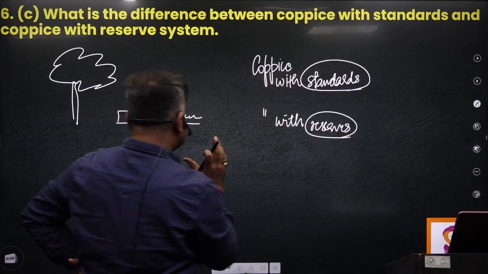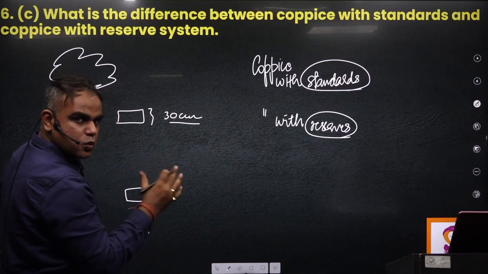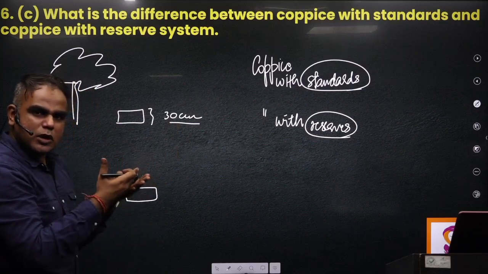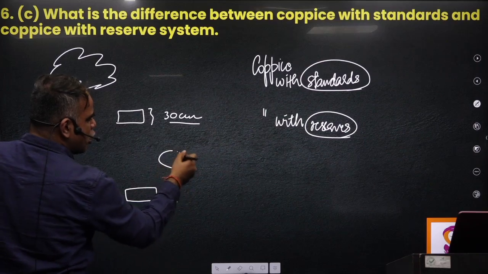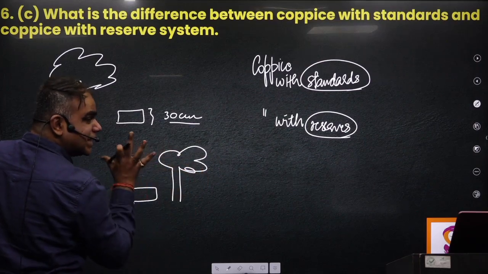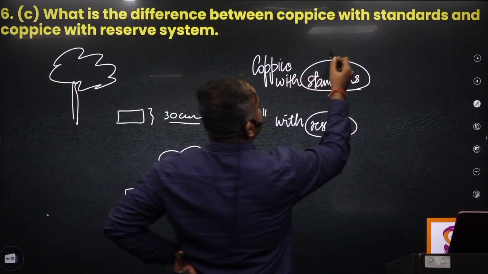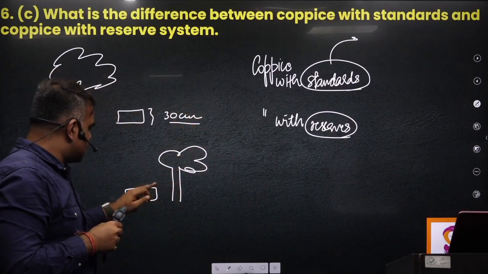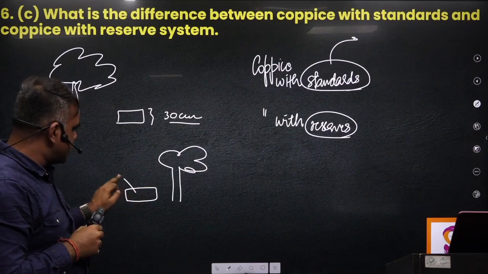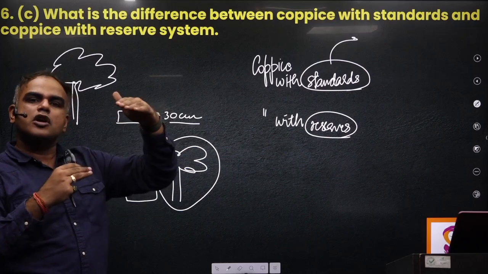In standards what will happen, one, you can think of this as you are creating layers. So you are creating coppices, but you will also have proper matured trees associated. In standards, your basic objective is both. You will cut them, you will go for regeneration, but these standards, a standard is something which is of good quality, good variety.